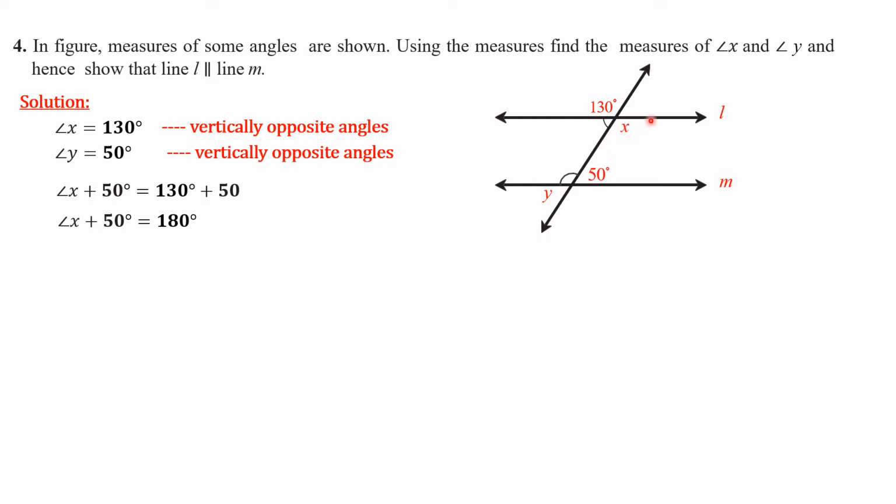Means this angle X and this angle 50 degree are supplementary. Interior angles are supplementary, therefore lines L parallel line M. Write down the reason. Interior angles test.